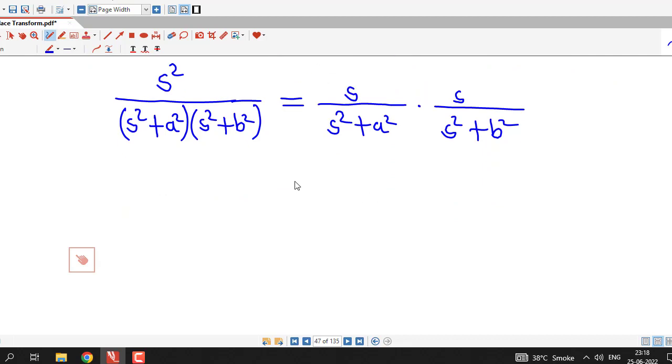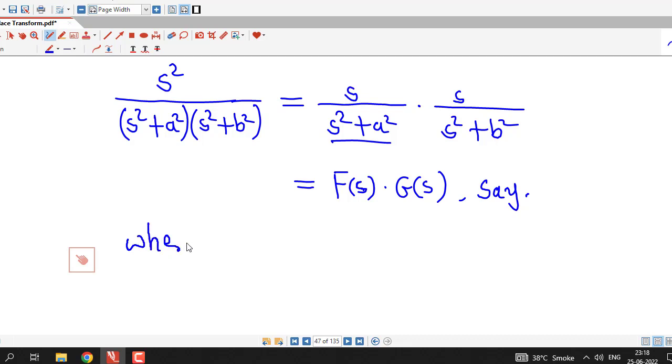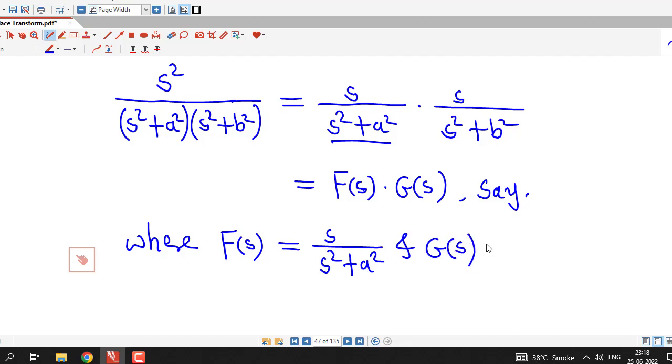I consider the first function as capital F and the second function as capital G. Suppose this is equal to capital F into capital G, where capital F of s is s divided by s square plus a square, and G of s equal to s divided by s square plus b square.